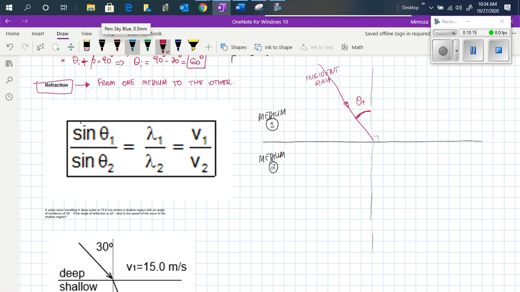As it is moving from medium 1 to medium 2, this angle changes.